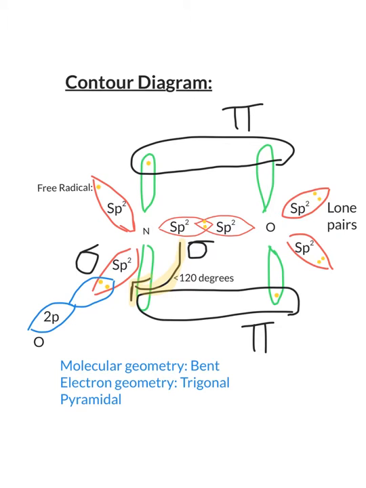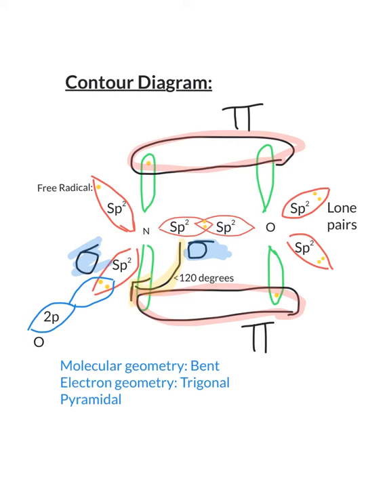So this is the completed contour diagram. We can go ahead and see the pi bond right here and right here. And then we can see the sigma bonds, I'm sorry, 2 sigma bonds right here and right there.